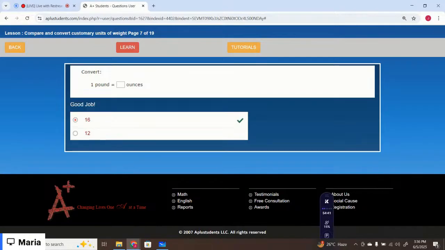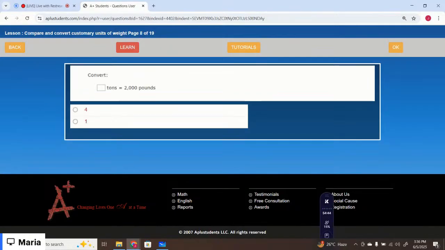So option number one is the correct option. 2,000 pounds equal how many tons? 1 ton equals 2,000 pounds. Option number two is the correct option.